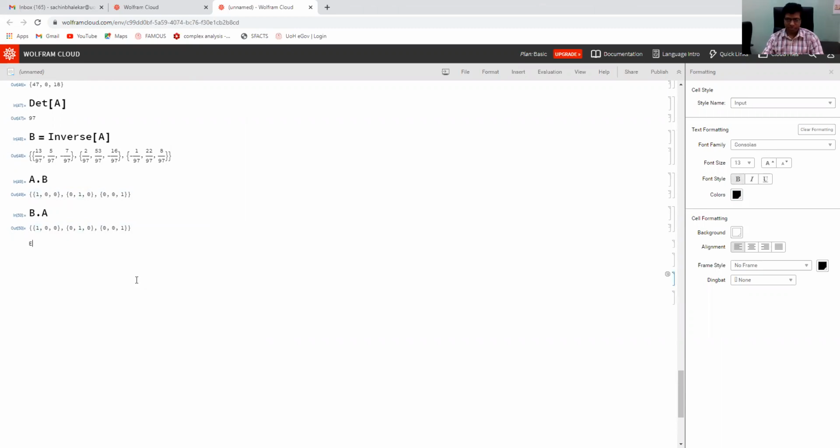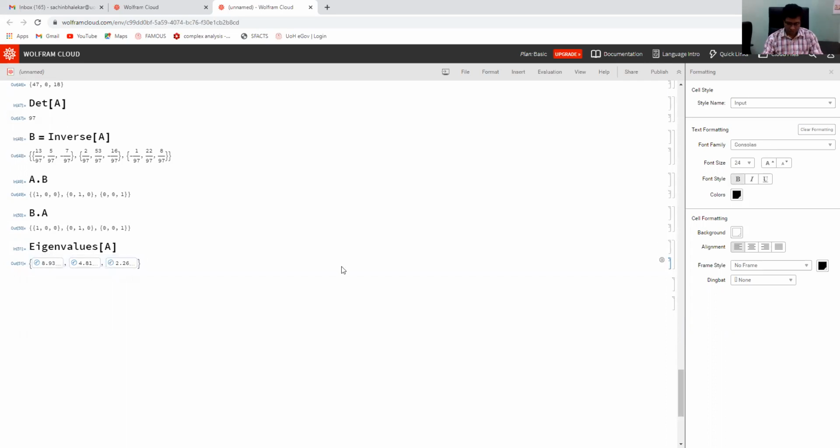Eigenvalues. Eigenvalues of A. Actually, we need to find numerical expressions.